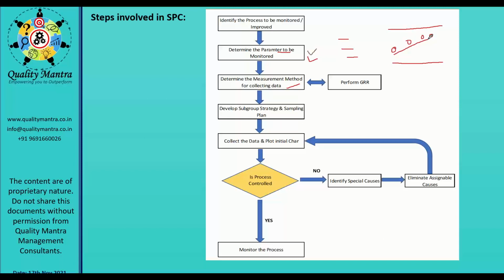So for that you should know that the measurement system you are using is capable of doing that. Otherwise, if the data is not properly captured or is not reliable, it will not give you the true indication of your process performance. It will give you the wrong indication.